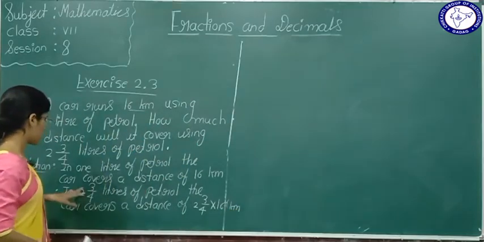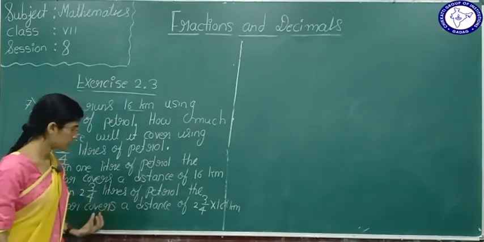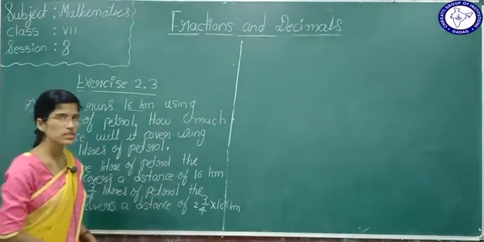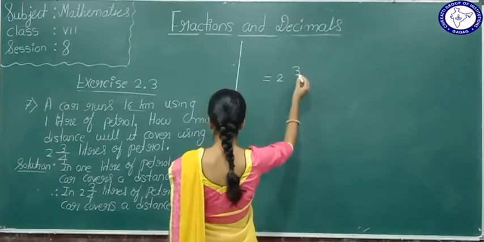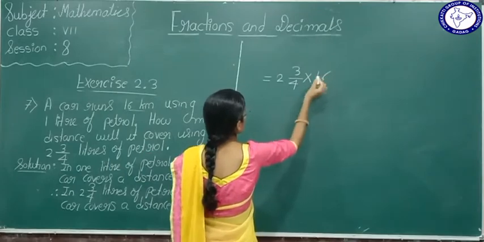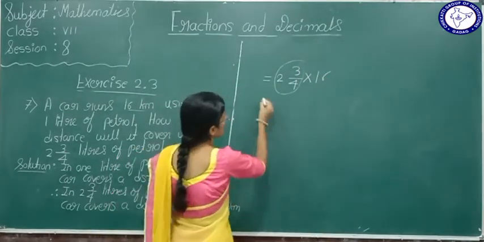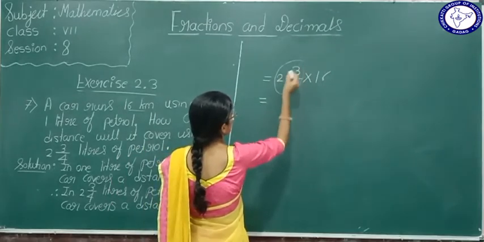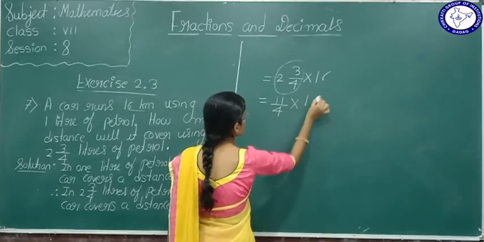In 2 integer 3/4 liters of petrol, the car covers this much distance. So you calculate 2 integer 3/4 multiplied by 16. Convert this mixed fraction into an improper fraction: 4 2s are 8, 8 plus 3 is 11, so 11/4 multiplied by 16.